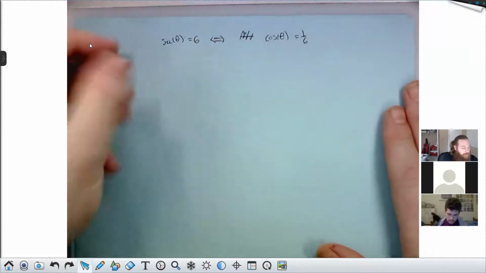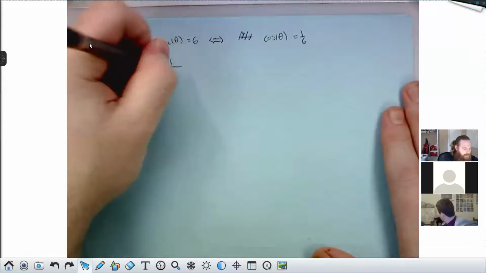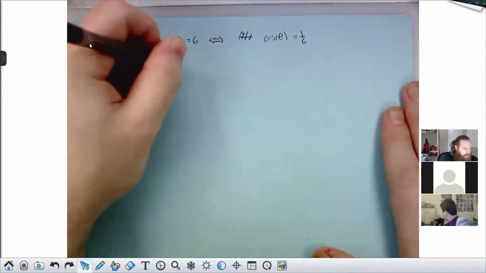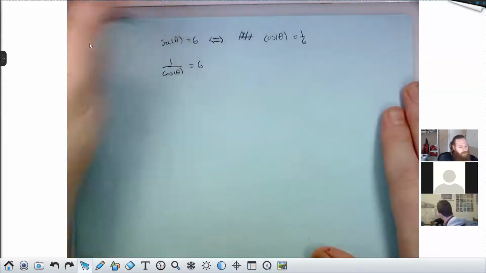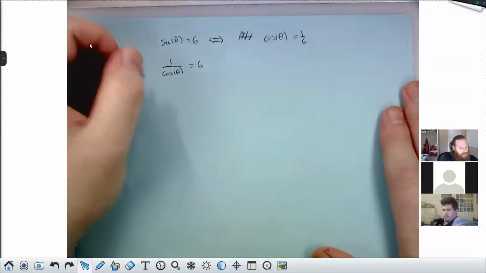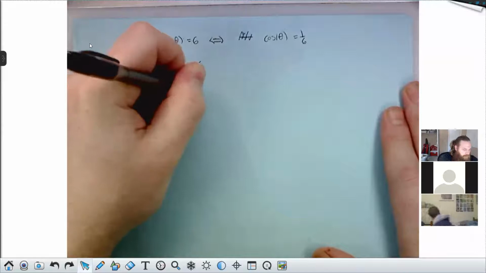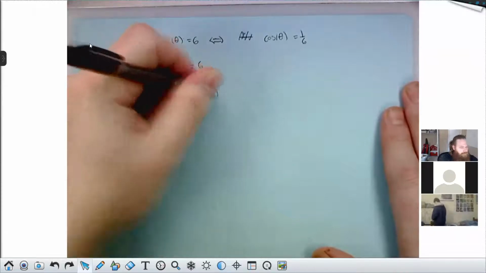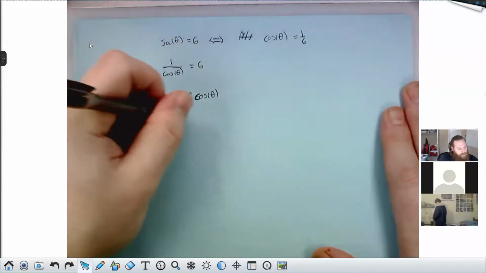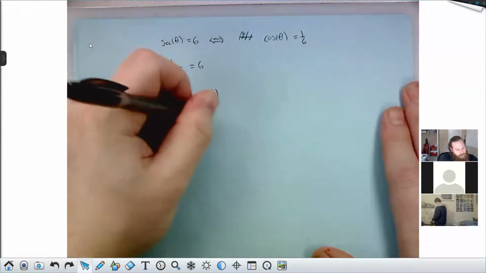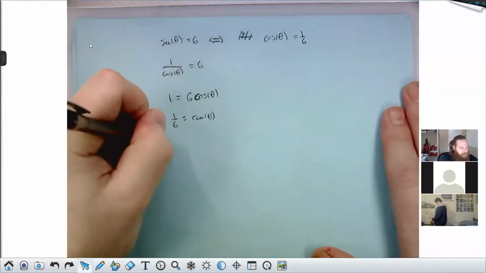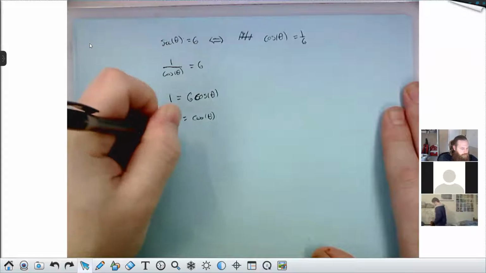And if you really want to get into the steps here, this is because secant is 1 over cosine. So this is the same as saying 1 over cosine theta equals 6. And then you can say, okay, that's the same as saying 1 equals 6 cosine theta. And that's the same as saying 1/6 equals cosine theta, and then take the inverse cosine of both sides.